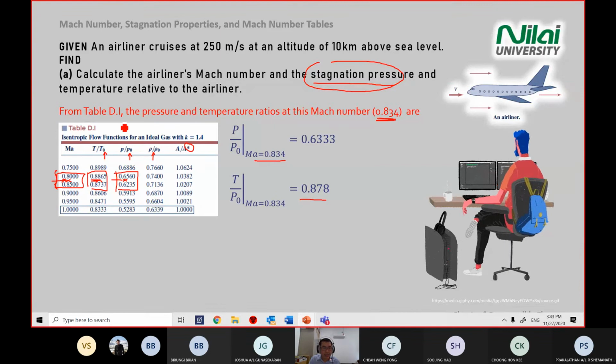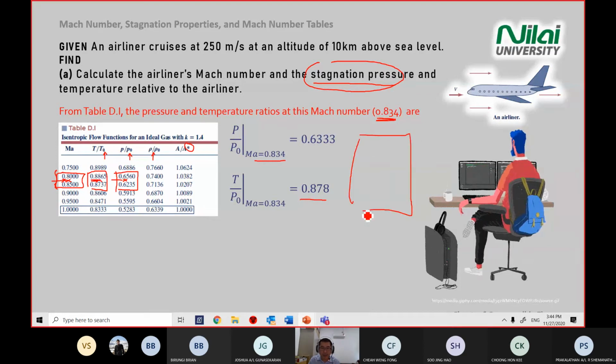The actual size of table D.1, you need to go and look at your handout that I sent to you in your tutorial, page number 6. It's quite a long table. You have two sections. One is on the left, and then the same table is repeated on the right-hand side. The same parameters, but the Mach number is different.